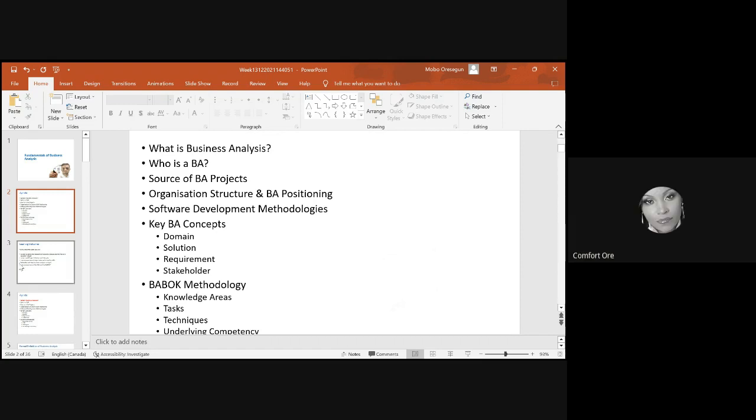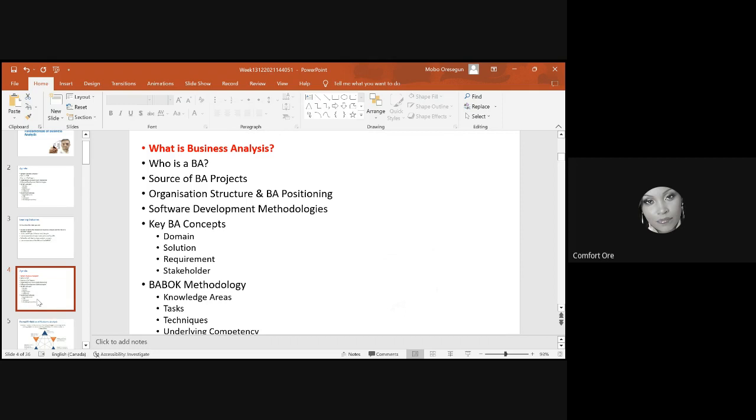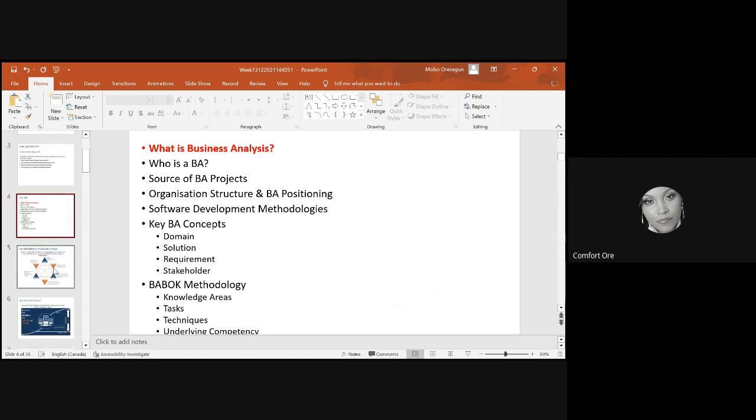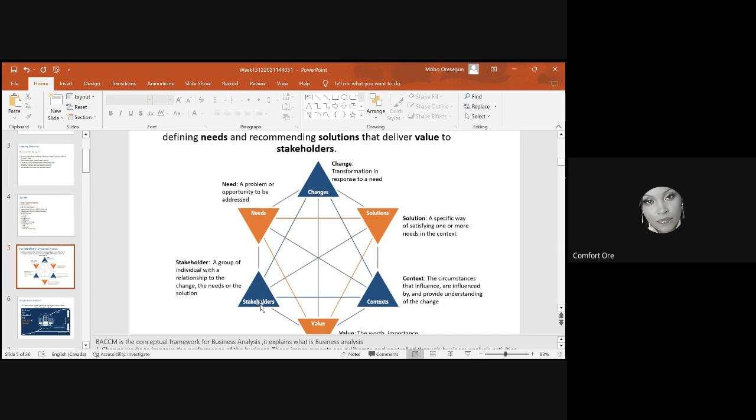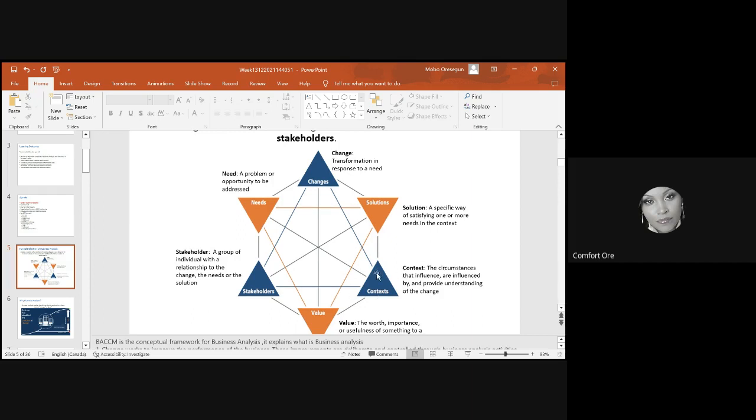Okay. All right, so this is where we are. Who a BA is. And I was saying right here that there needs to be a need. As a business analyst, you are an enabler, a change enabler that provides solutions that bring about changes to the stakeholders, that give value within the context of the organization.